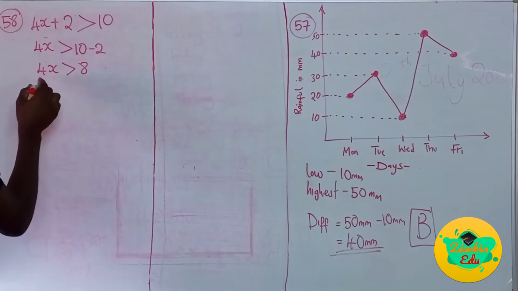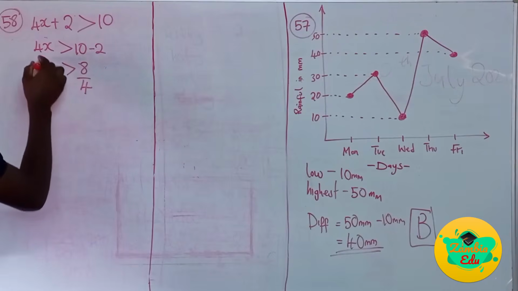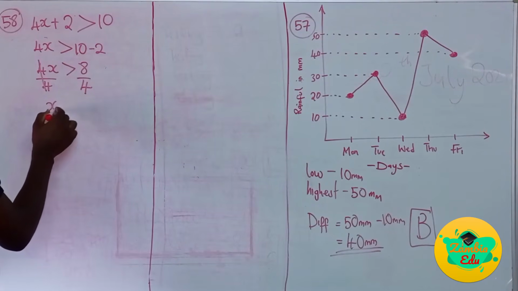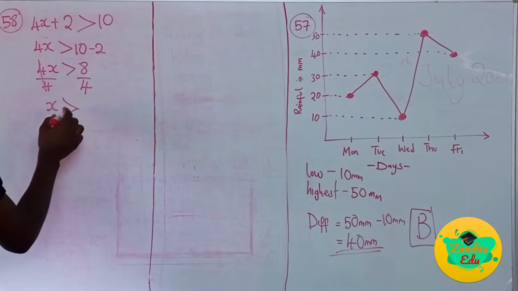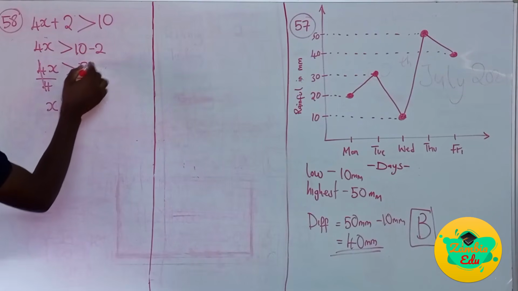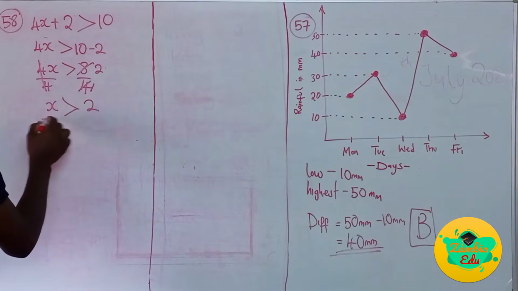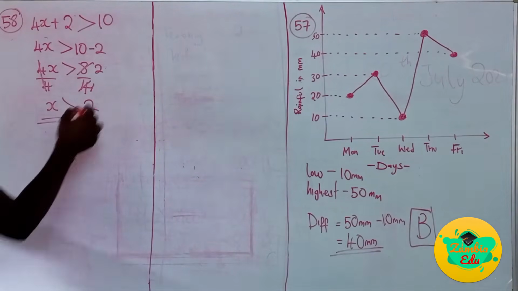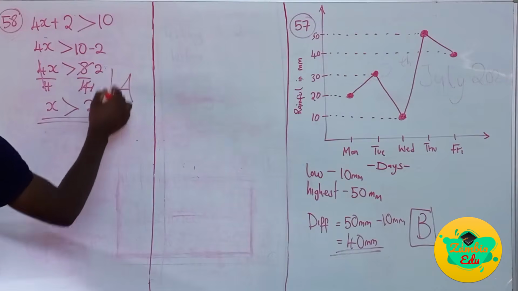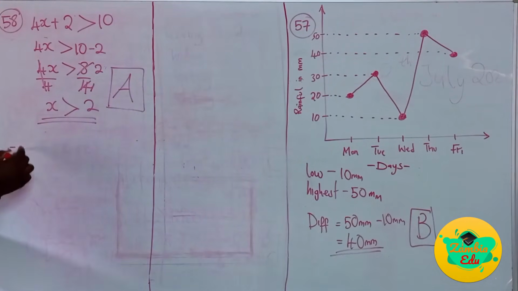We want the value of x, so we say over 4, cancel that, and x becomes greater than 8 over 4, which is 2. So it becomes x greater than 2. That becomes our answer, and that answer was shown as option A. So our answer was A.